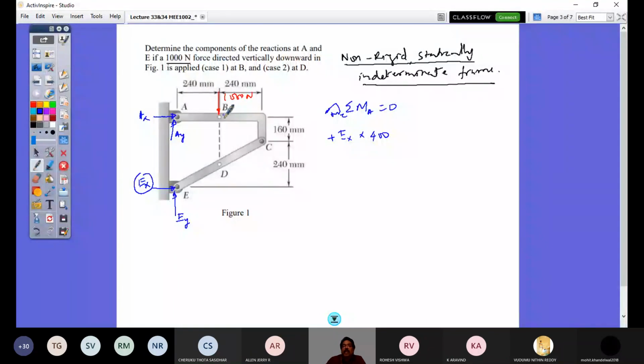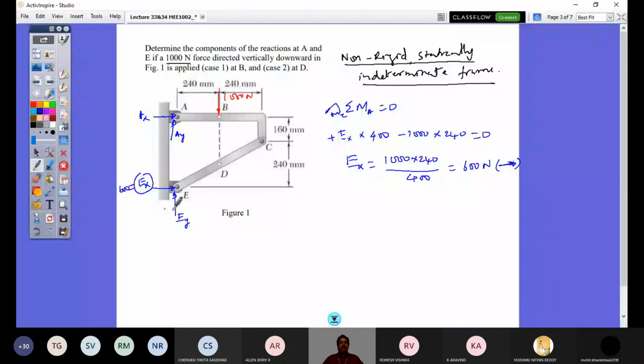So now Ex I would get from 1000 into 240 divided by 400. The value of that is coming to be 600 Newton. Since it is a positive value, the assumed direction is correct. So Ex is 600 Newton to the right.